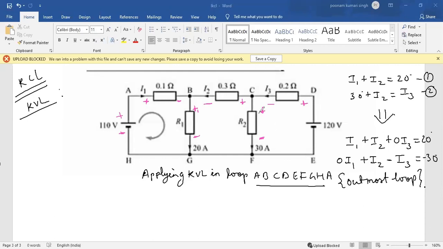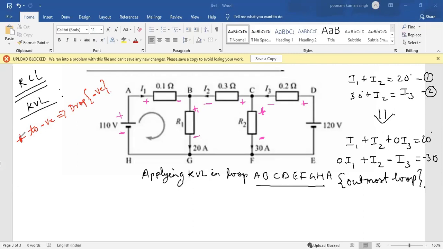Students, please be very sure that wherever current is entering is plus and where it is leaving is minus. The concept behind this is that current will always flow from higher potential to lower potential. Keeping this in mind, if we are moving from positive to negative, we are talking about a drop in potential, and drop is always associated with a negative sign.